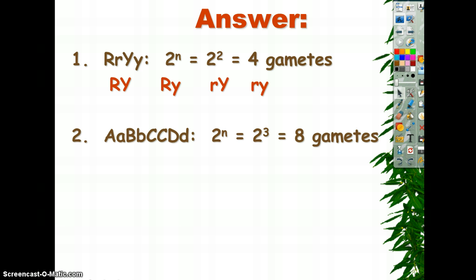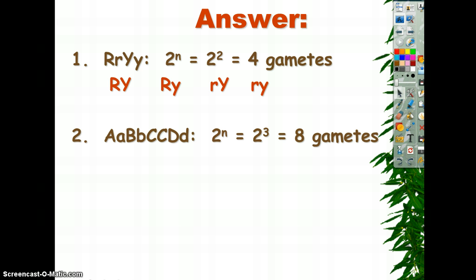If we were ever looking at something like this, here we'd be looking at 4 traits, the A trait, the B trait, the C trait, the D trait, or maybe height, seed color, pod color, seed shape. We will never do anything like that, but this is just an example.